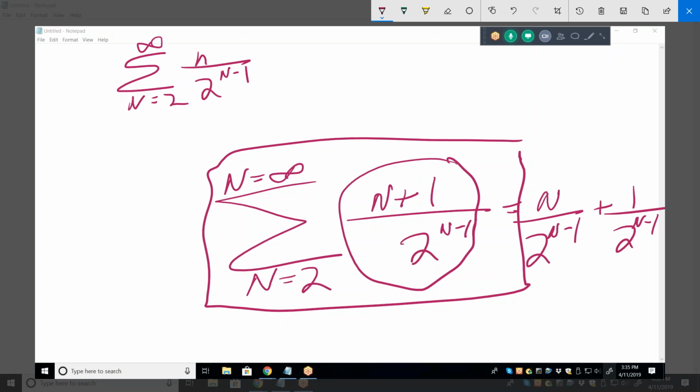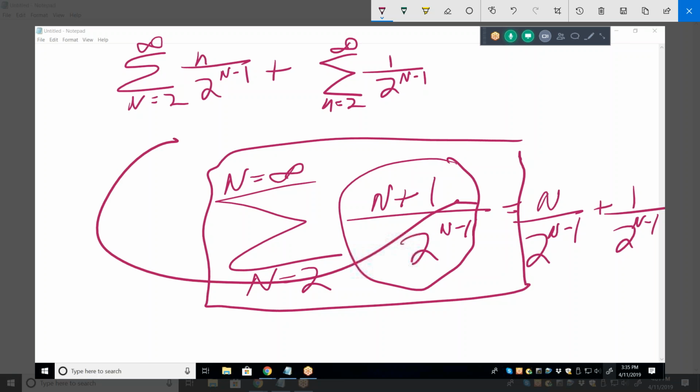And the reason this might be better is because now we are looking at simpler series to evaluate. So you get that this here is equal to that, right?